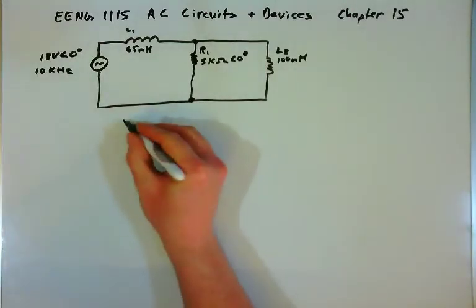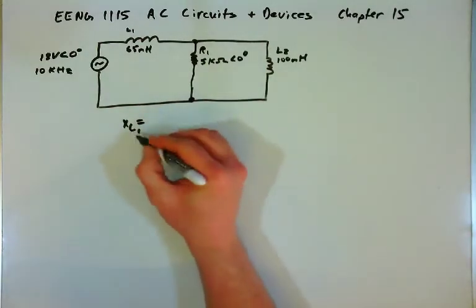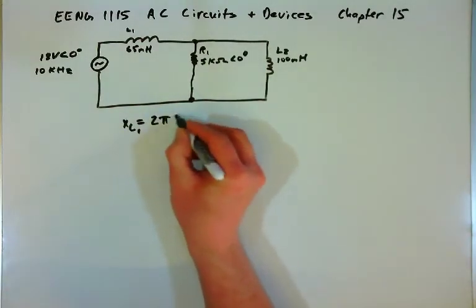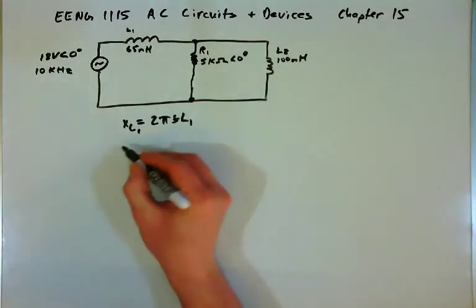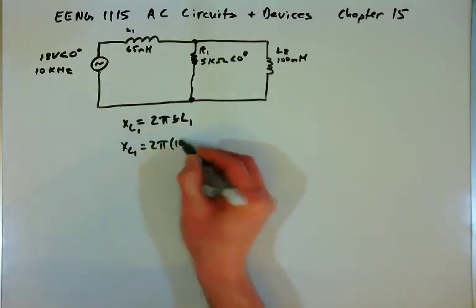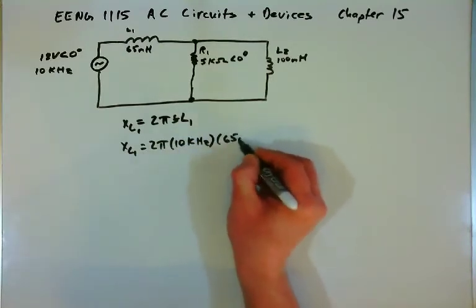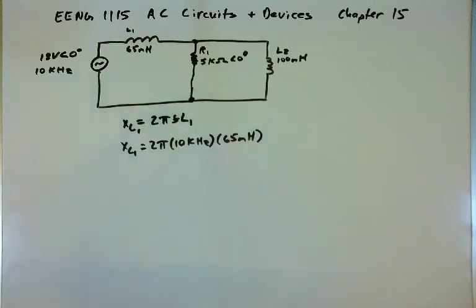The first thing we need to do is find X sub L for each inductor. So X sub L sub 1 will be 2 pi FL1, and so X sub L sub 1 will be 2 pi times 10 kilohertz times 65 millihenries.